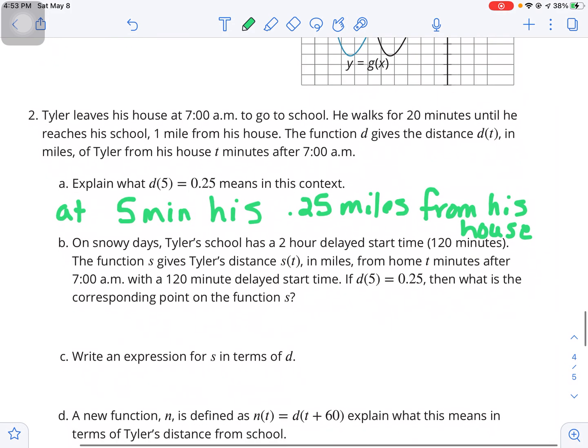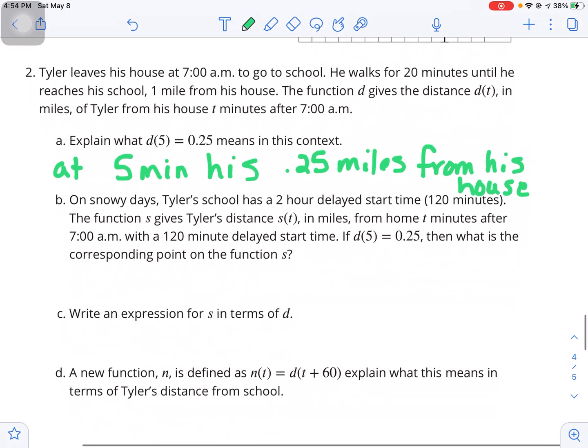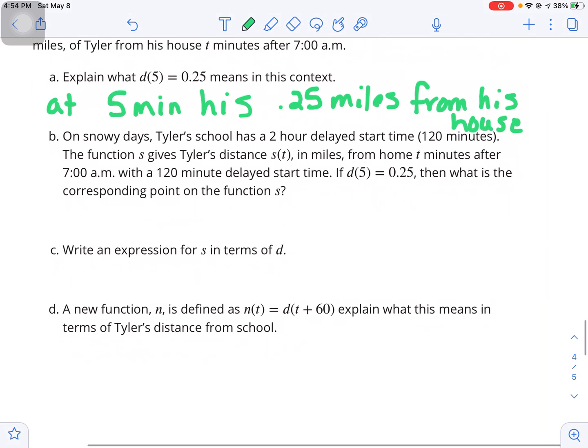On snowy days, though, Tyler's school has a 2-hour delayed start time, so it's 120 minutes. The function s gives Tyler's distance s of t in miles from home t minutes after 7 a.m. with a 120-minute delayed start time. If d of 5 is 0.25, then what is the corresponding point on the function s?